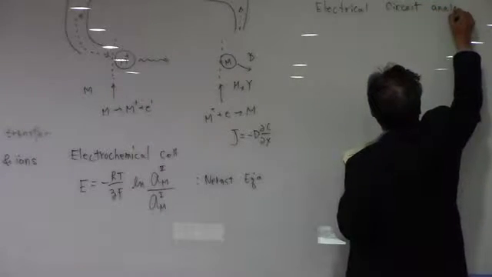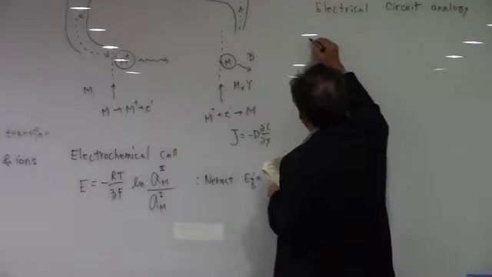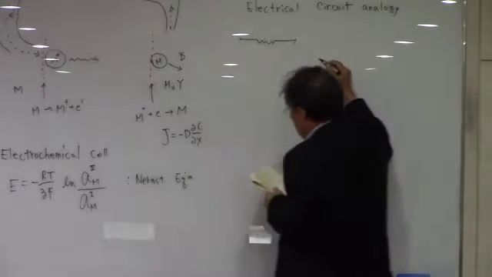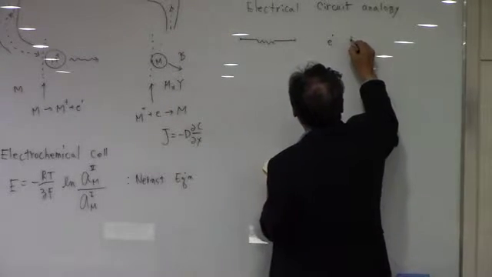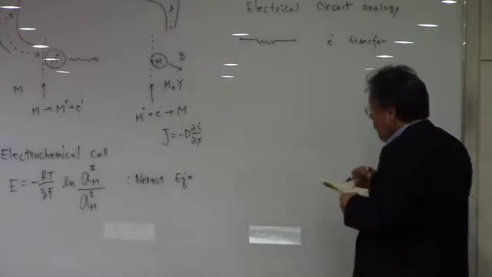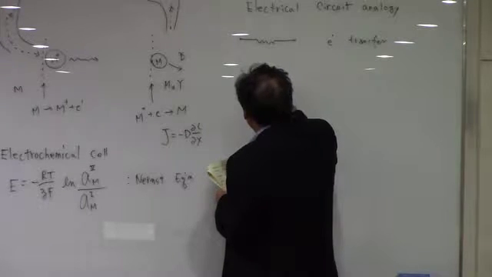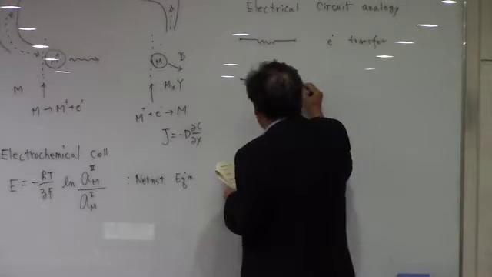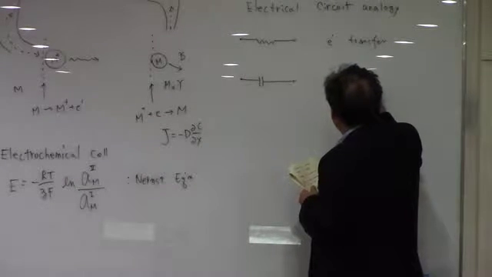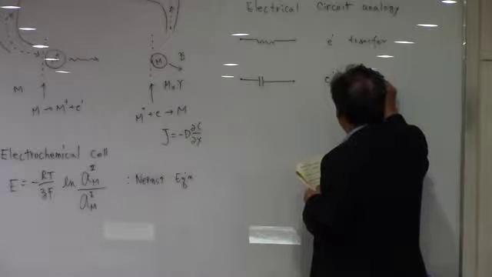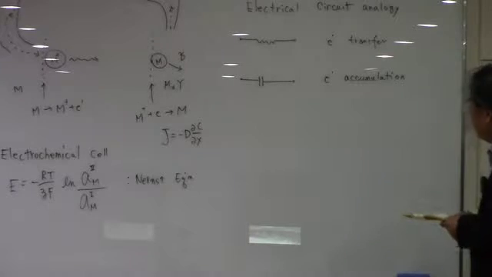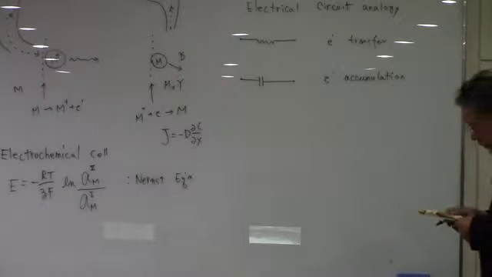Now, this is electron transfer and the resistance. And the other important thing is the capacitor, and that is electron accumulation. It happens in this capacitor.